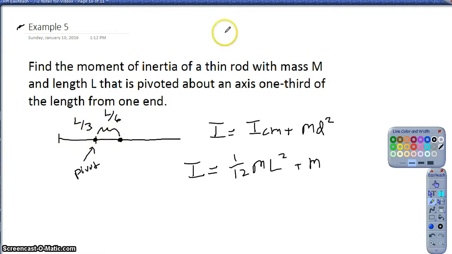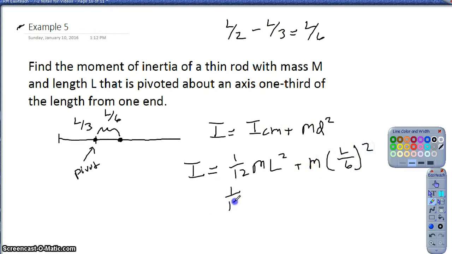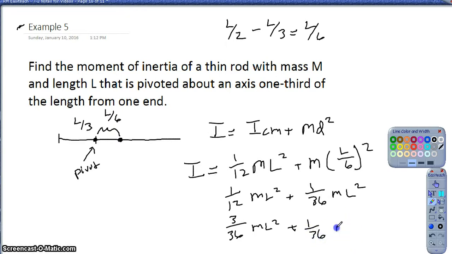We know the total distance to the end is L over 2, so L over 2 minus L over 3 is L over 6. You get a common denominator and subtract them. So it's L over 6 squared, so I get 1 over 12 ml squared plus 1 over 36 ml squared. Once again, getting a common denominator, this would be 3 over 36 ml squared plus 1 over 36 ml squared.